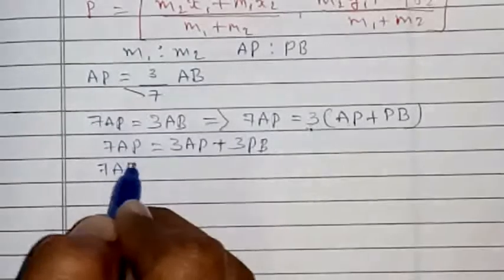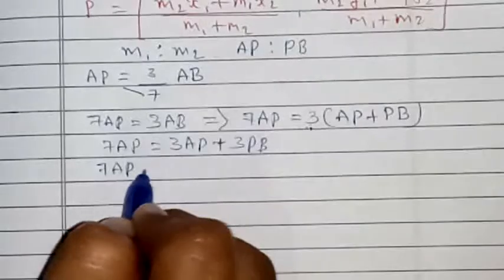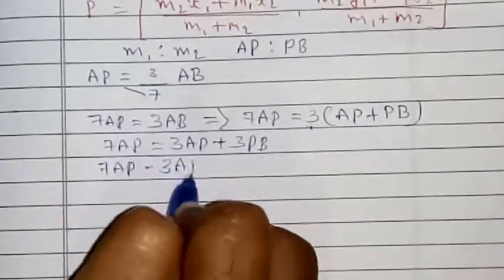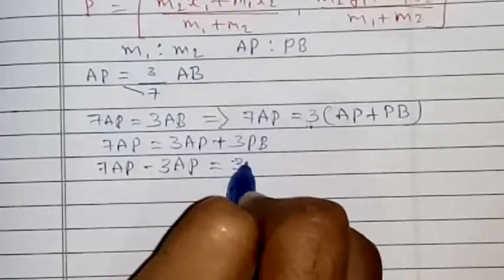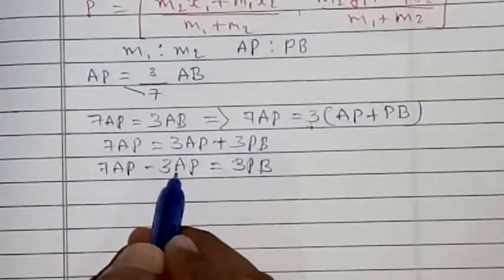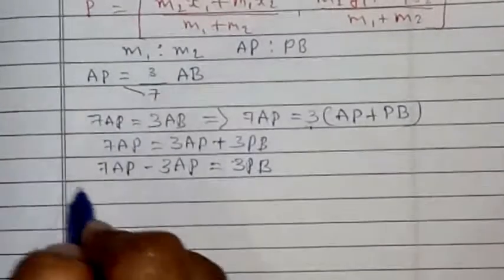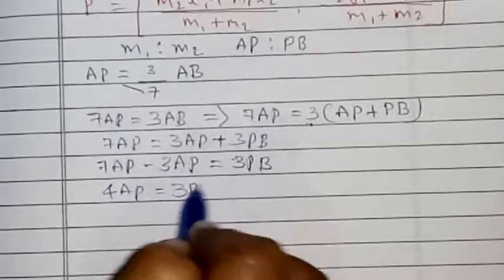If you send 3AP to the left hand side, it will become minus 3AP is equal to the remaining 3PB, right? Now subtract 7AP minus 3AP. So 7AP minus 3AP is nothing but 4AP equal to 3PB.